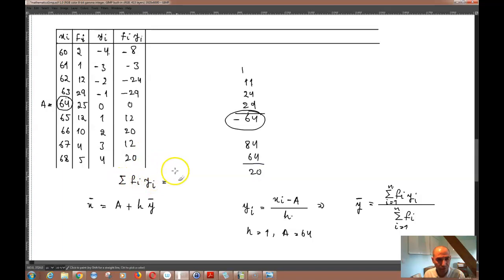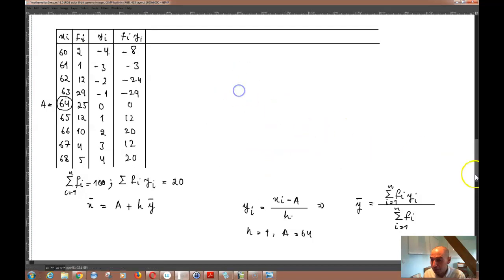So sigma f of i y of i is equal to 20. And sigma f of i, as i goes from 1 to n, is equal to 100.